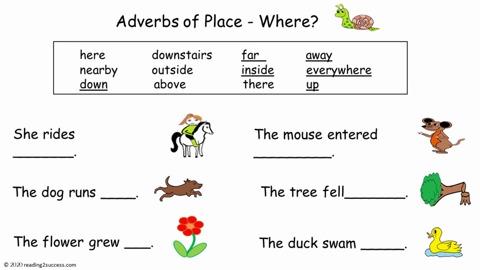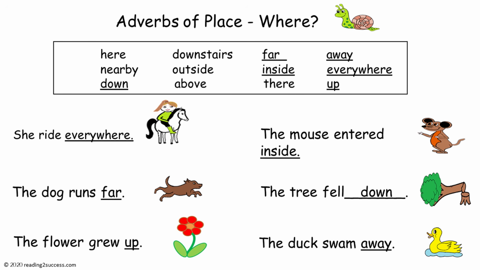So let's look at the first one. She rides everywhere. The next one. The dog runs far. Then the flower grew up. The mouse entered inside. The tree fell down. And the duck swam away.